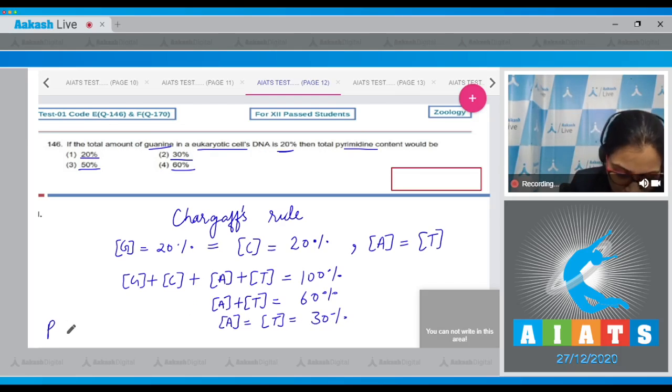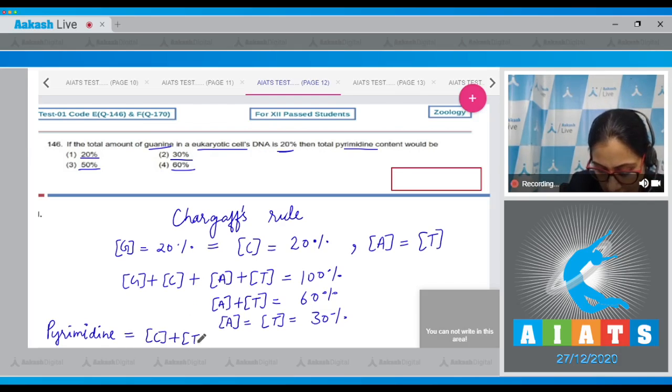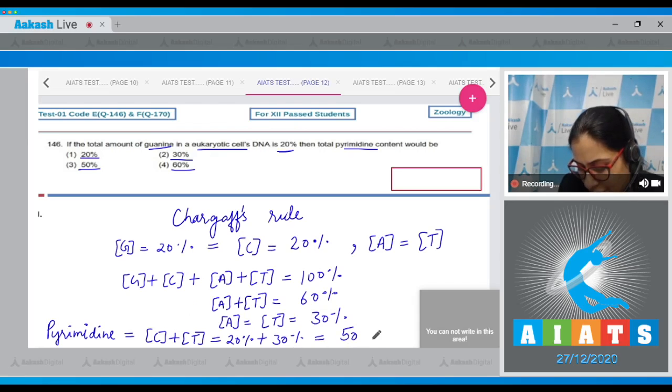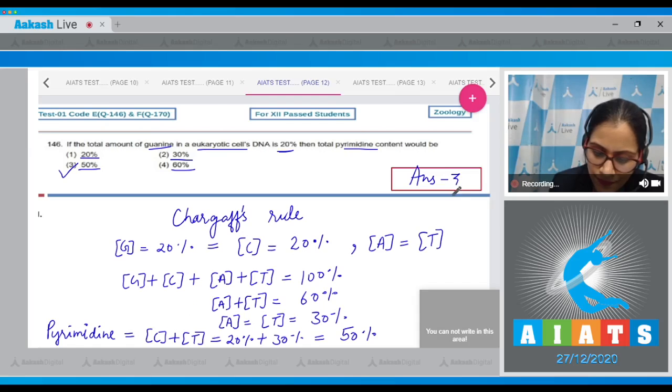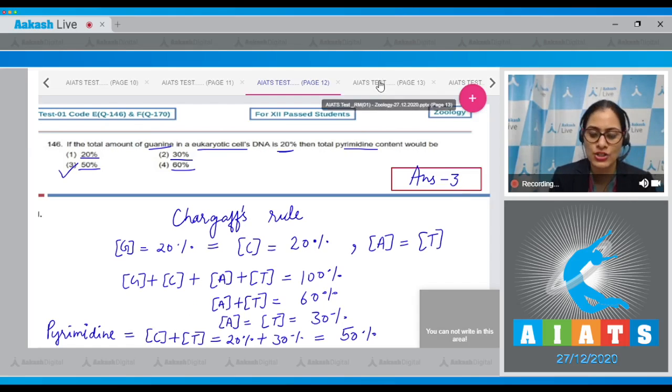And so pyrimidine, which is equivalent to C plus T, would be equivalent to 20% plus 30% equals 50%. So the correct answer to this question is option number 3. Let's move on to the next question.